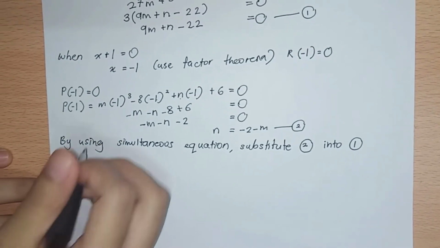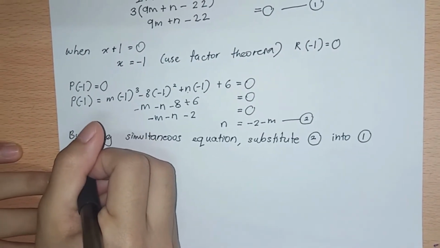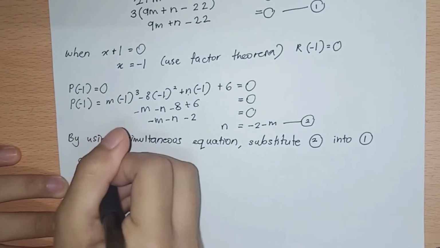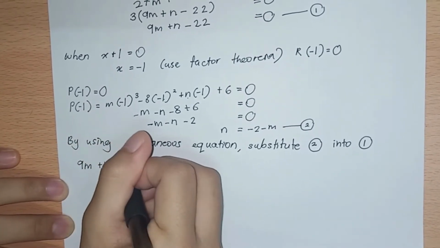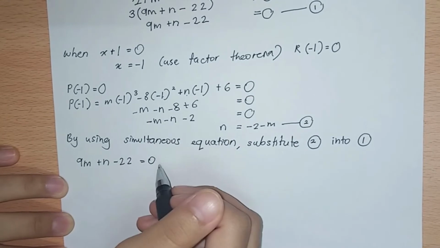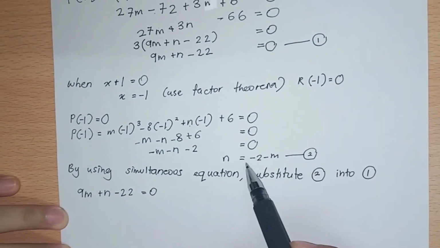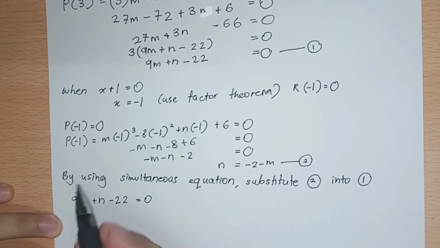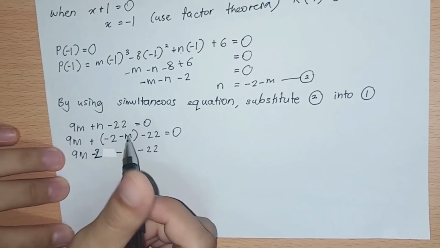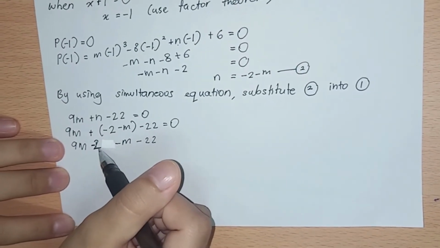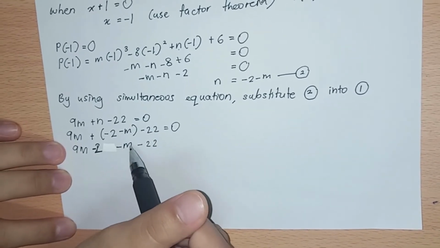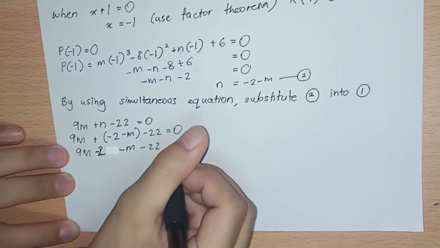So 9m + n − 22 is equal to 0 is from equation 1. So we substitute n into this equation. So it will be 9m + (−2 − m) − 22 equal to 0.